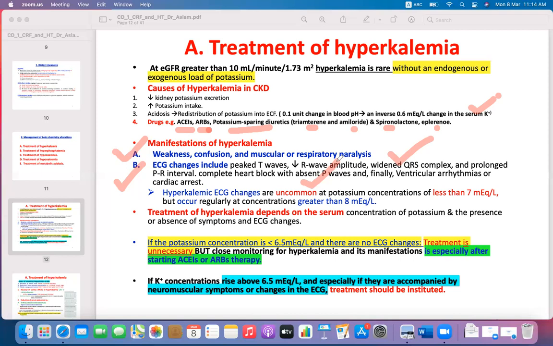So hyperkalemic ECG changes are uncommon at potassium concentration less than 7 milliequivalent per liter, but occur regularly if the potassium concentration is greater than 8 milliequivalent per liter.